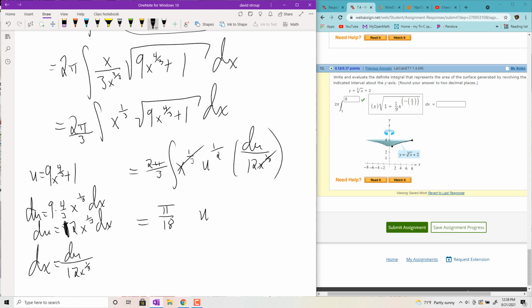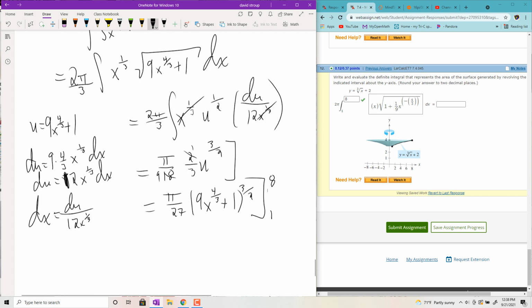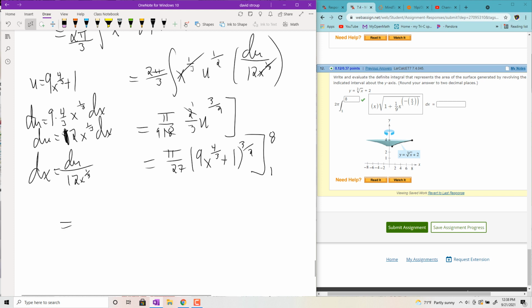and then I integrate u to the 1/2, so that would be u to the 3/2 times 2/3. 2 over 18 is the same as 1 over 9, so pi over 27, back subbing 9x to the 4/3 plus 1 to the 3/2, and I'm evaluating from 1 to 8 on the x-axis. So that'll be pi over 27 times 9 times x, 8 to the 4/3. 8 to the 1/3 is 2, then 2 to the 4th, 16.